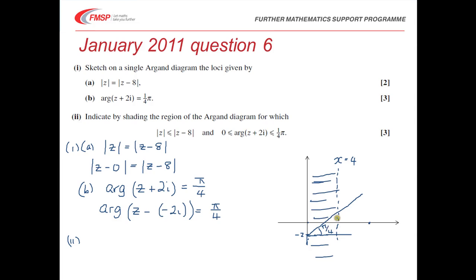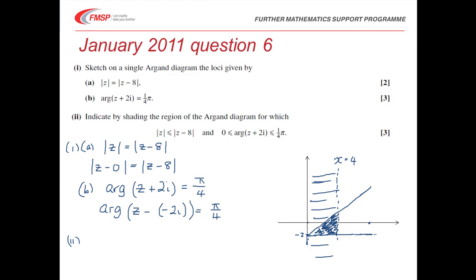So it is in here. So the region that we're looking for is going to have to be in here. So this was the line where it was equal to pi over 4, and this line is where the argument is 0, so it's in between. So the region that we're looking for is there.